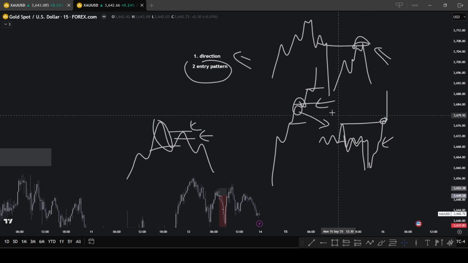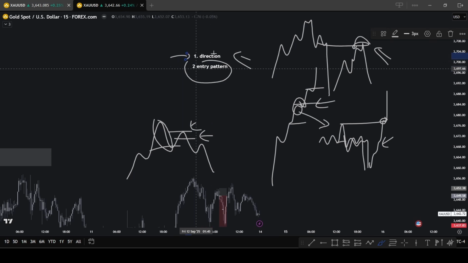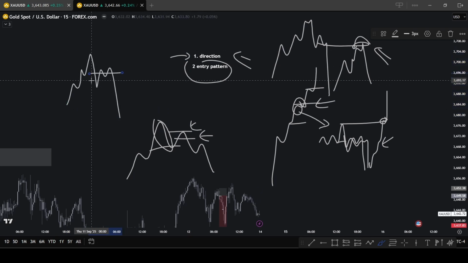Okay, you see, entry pattern is the least important thing. The most important thing in trading is the direction. You cannot take a trade without knowing the direction. Blindly following any trading pattern is just a waste of time, energy, and money. Without direction, you are just trading a pattern blindly, and it doesn't help you make money in this market, because we need a buy or sell direction.